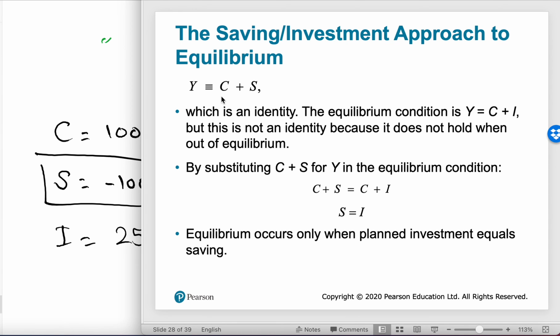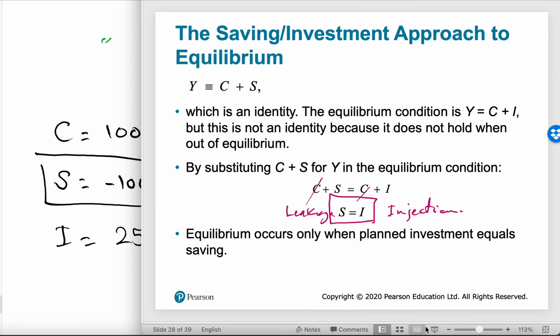From this identity, if we replace the Y with C plus I, then C is going to be omitted, and saving is a leakage, and investment is an injection. So you can use this as an equilibrium condition. It will be equal only if saving is equal to investment.